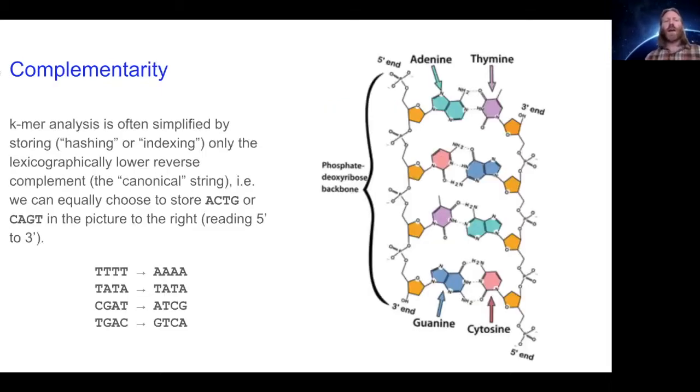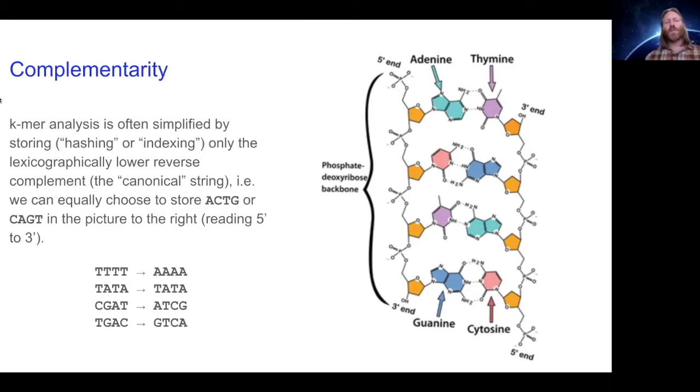Another useful fact of Kmers is complementarity. So there is no privileged direction in terms of 5' to 3' that we can store the bases in, as long as we go the same direction. It doesn't matter what strand, sense or antisense, we store it in.